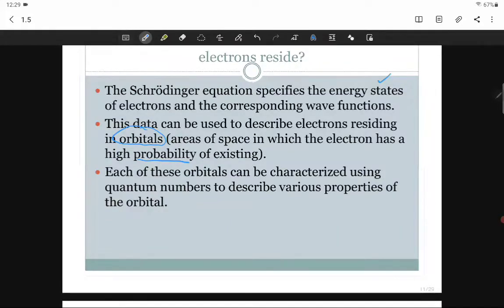And we're not going to get into it very much in AP chemistry, but you can kind of come up with an address for every electron. And like that address, you know, the street number, the street, the zip code, all that for a house, we're going to use quantum numbers, or you could use quantum numbers for electrons.